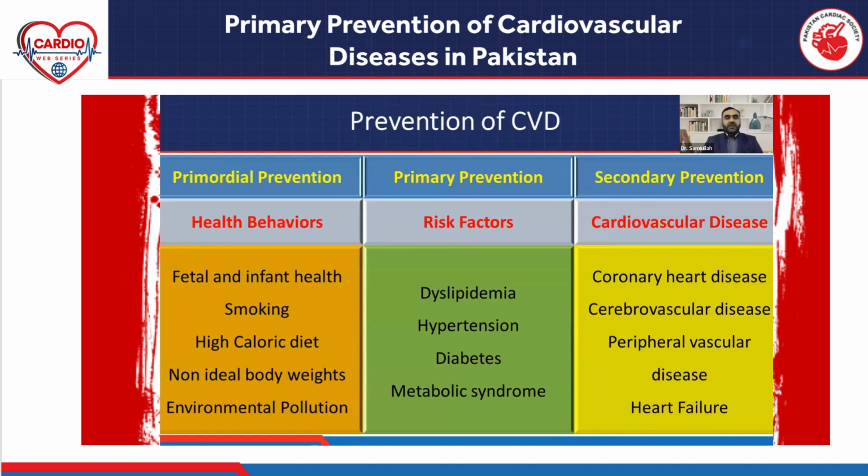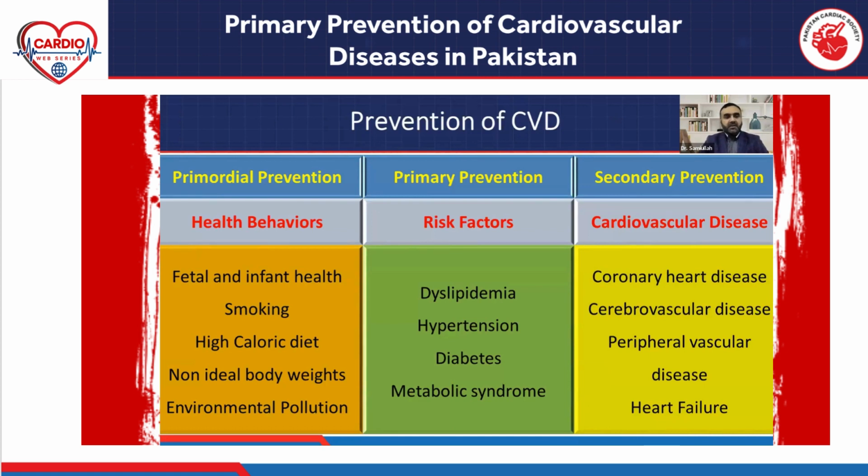When we talk about prevention, we divide it into three categories or three different approaches: primordial prevention, primary prevention, and secondary prevention. Primordial prevention is related more to health behaviors. Primary prevention focuses on the risk factors, and secondary prevention comes into play when you already have cardiovascular disease. Primordial prevention starts from childhood.